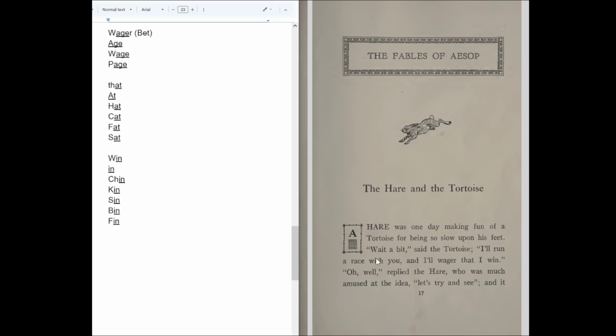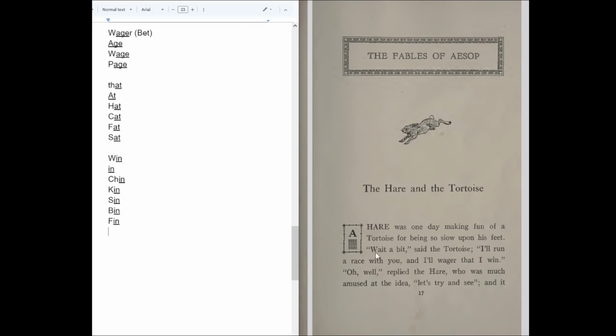Okay, let's go ahead and read the sentence again, and we're going to practice it over and over. We're going to start very slow. I want you to read along with me. Wait a bit, said the tortoise. I'll run a race with you, and I'll wager that I win.